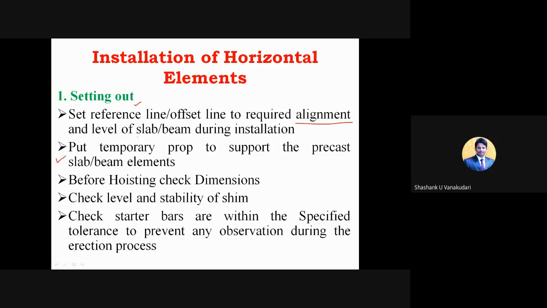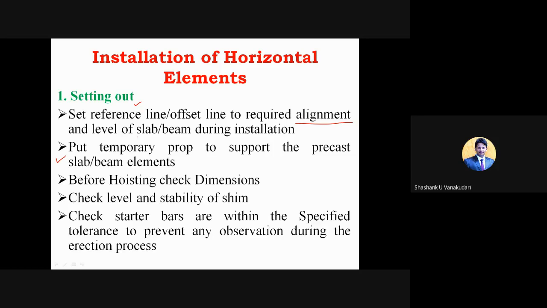And then the second one, put temporary props to support the precast slab or beam elements. Soon after the erection process, after the installation, they require certain supports. What's the main reason to provide the support? Once you join one structural element to another, for example, placing the horizontal member slab on top of the column, certain joints will be there.